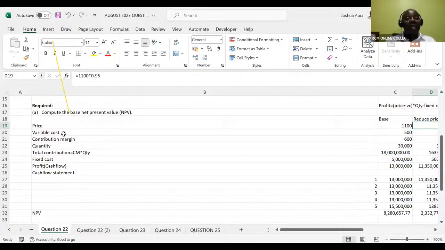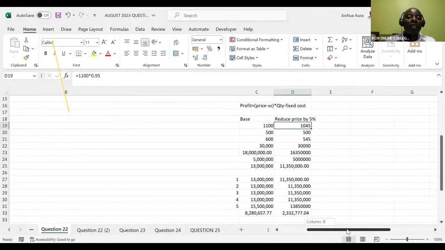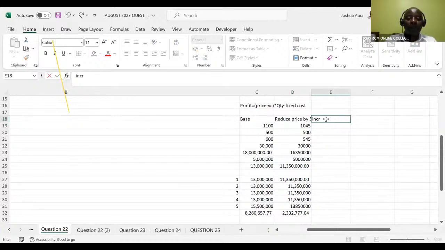So I'm going to multiply this figure that we have here, 500, with 1.05, because it's going to increase by 5%. The first thing I will do is copy the base. So you say here, variable cost, increase variable costs by 5%, like that.